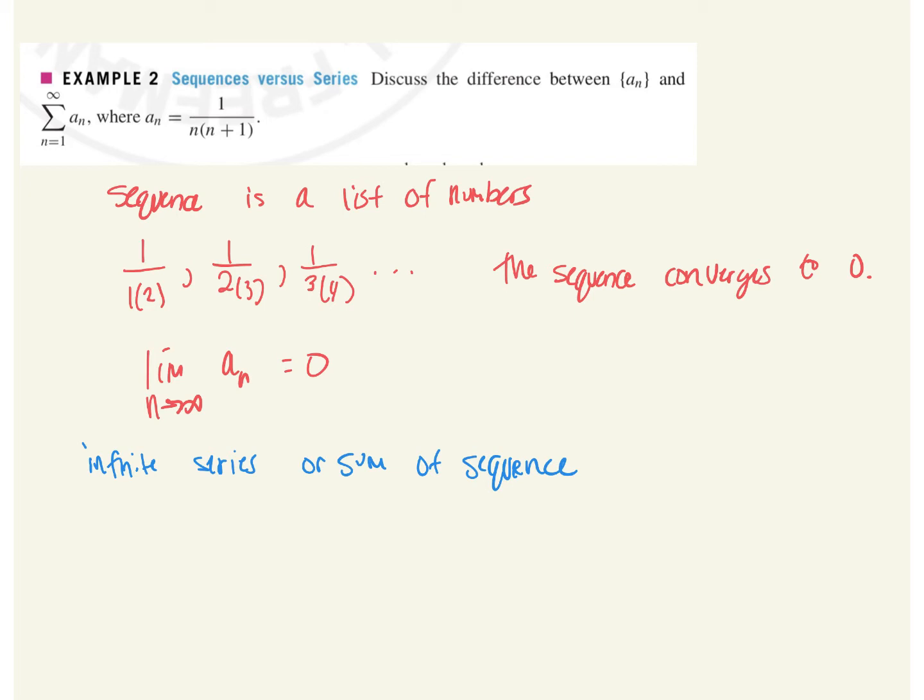Another way to talk about the sum of an infinite series, because infinite implies that obviously it goes on forever, we would look at the partial sums, the limit of the partial sums. And in this particular case, the sum is not 0.